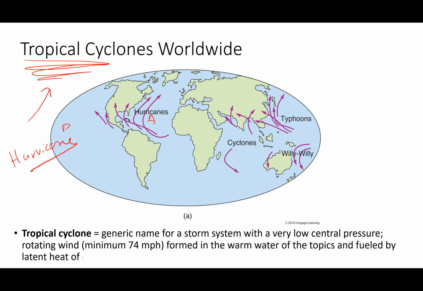And with global warming, we are concerned about our ocean temperatures getting warmer. Warm waters provide warm, moist air. So you have water in its vapor phase, it rises, and when it condenses, it releases heat. Heat of condensation.